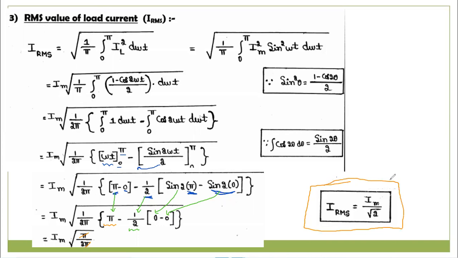This is the formula used to calculate the RMS value of load current. The formula is IRMS is equal to Im by root 2. This mathematical expression is used to calculate the RMS value of load current.